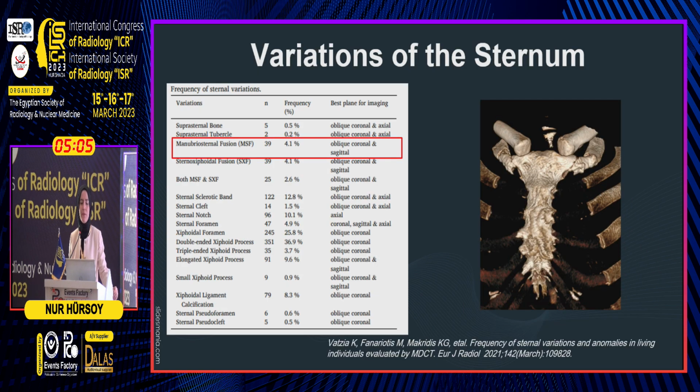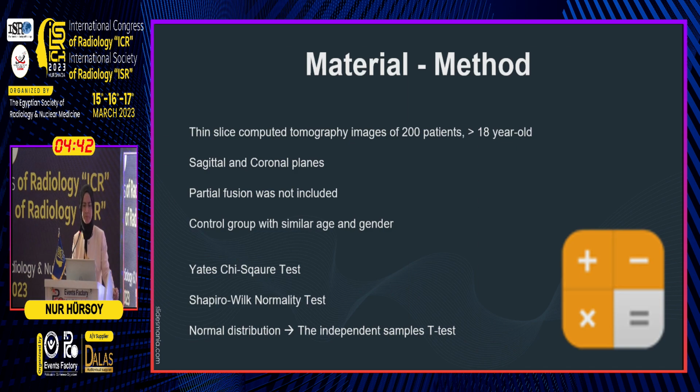Secondly, the variations of the sternum are commonly seen by radiologists on chest CTs or even X-ray. And in my daily routine practice, I have noticed that one of them, the complete Manubriosternal fusion, is so common in my population, so I decided to plan a study about it.